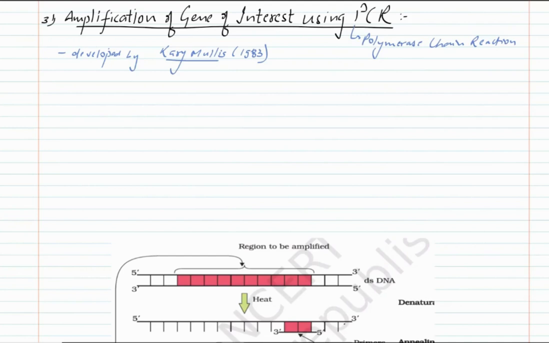The PCR reaction takes place inside an instrument known as Eppendorf tube.